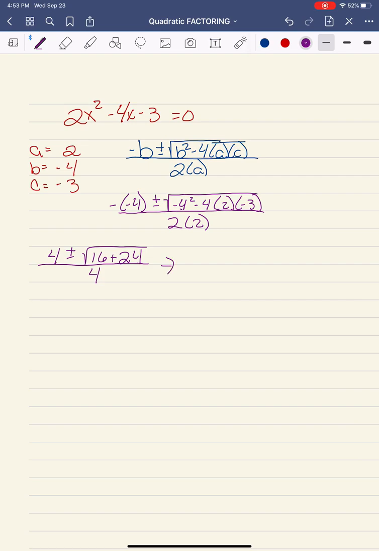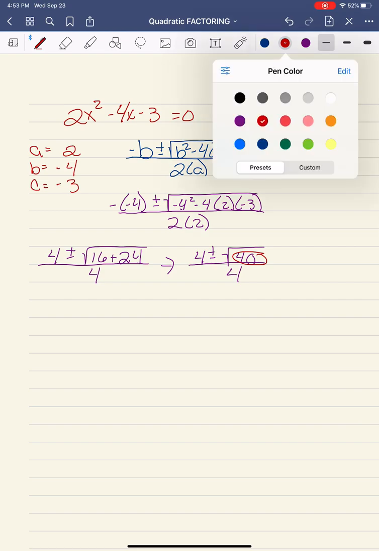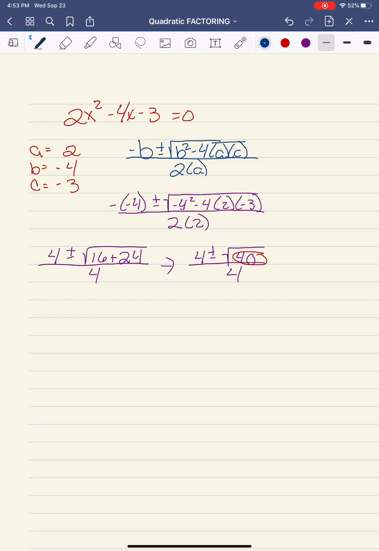So now I have 4 plus or minus the square root of 40 divided by 4. Now, notice my radical, 40. I can simplify that. And please be aware, these are things you are still going to have to do. Okay, so let's bring it back down here. I'm going to unsquare.